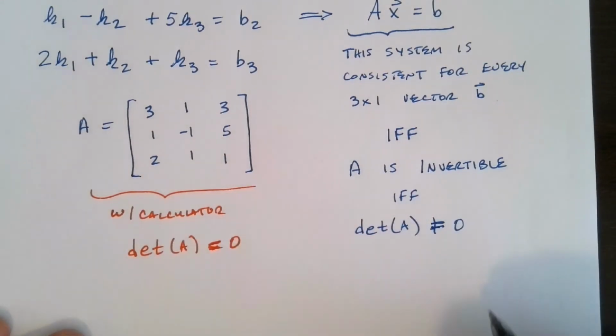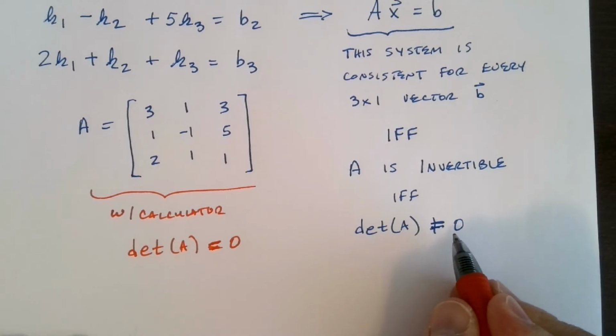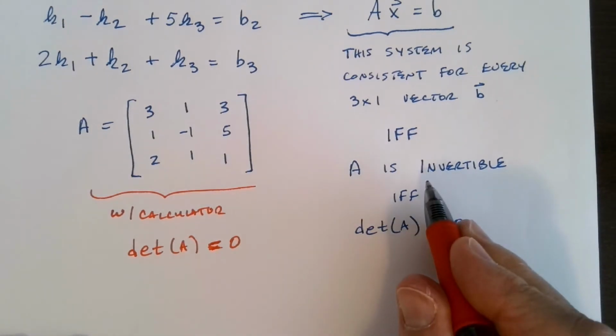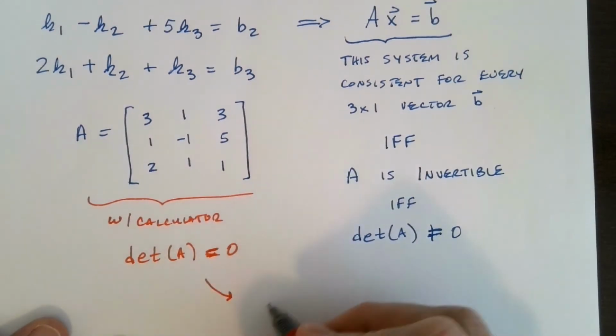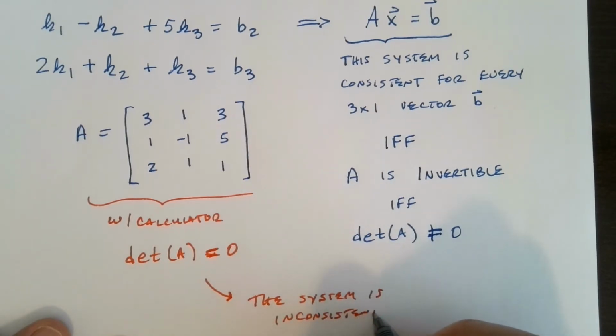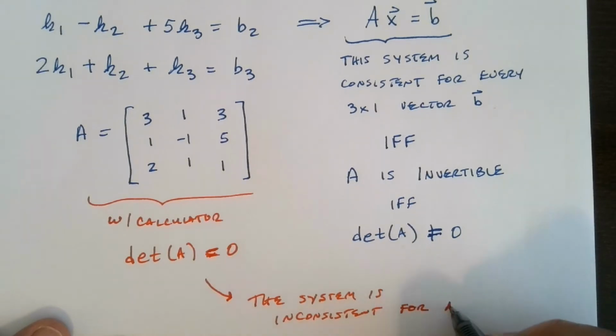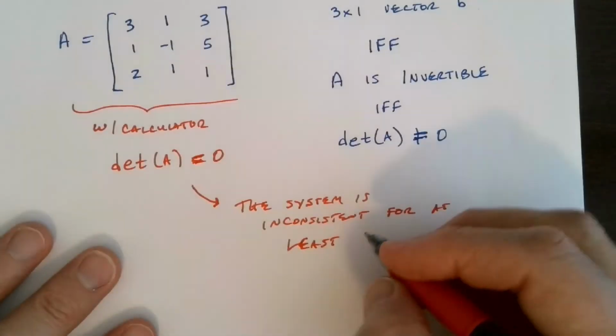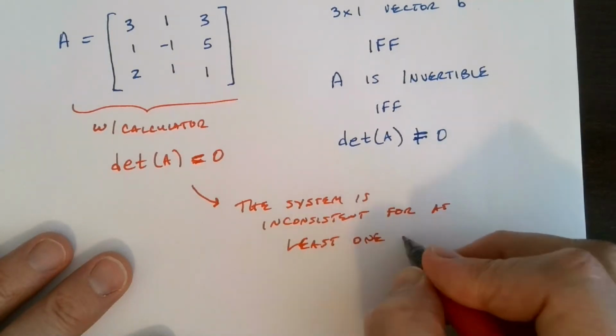Uh-oh, what's that mean? Equal to 0. Well, A is not invertible. And it means the system is inconsistent for at least one B.